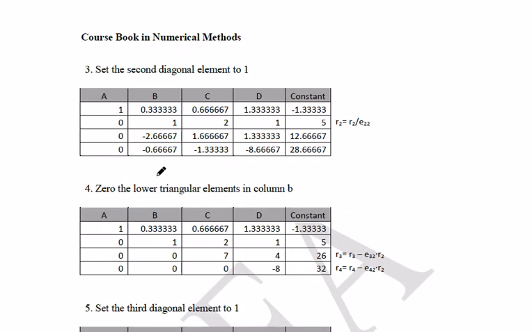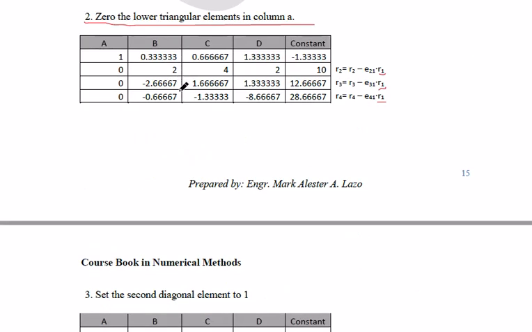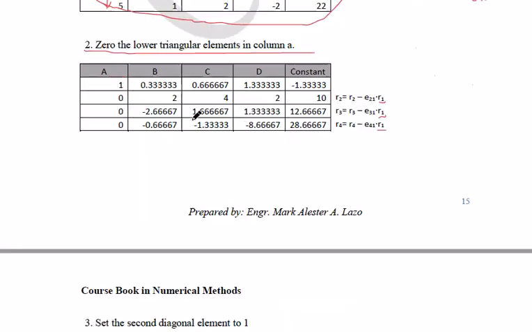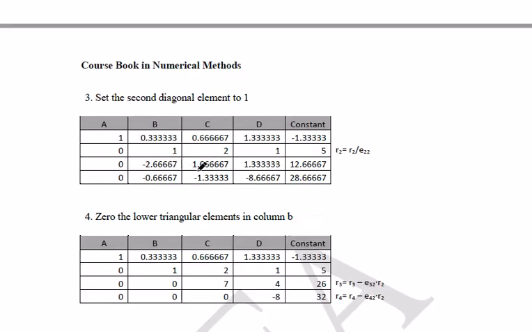The third step after zeroing in all the elements in the first column is again to make the elements here, so again, our target is to make the diagonal into 1 or into a unity matrix. So we need to make the elements here into 1.